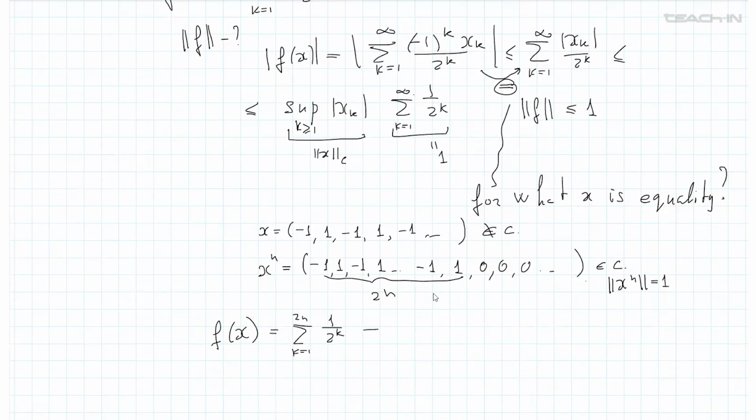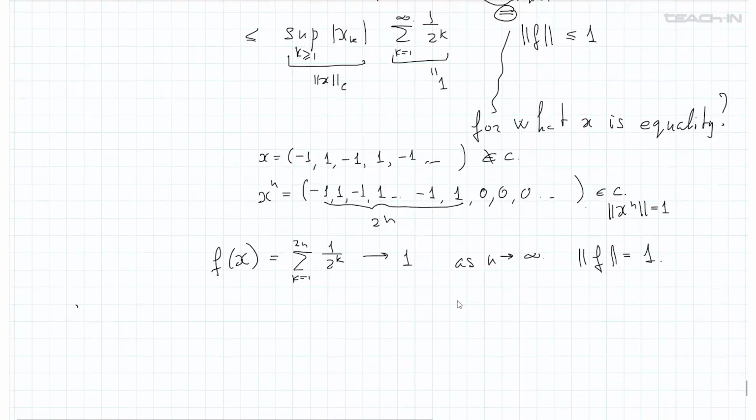And of course, it tends to 1 as n tends to infinity. So this gives us the answer that the norm of this functional equals 1. Okay.